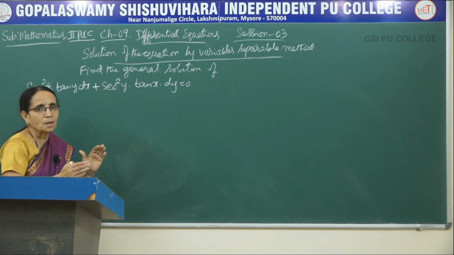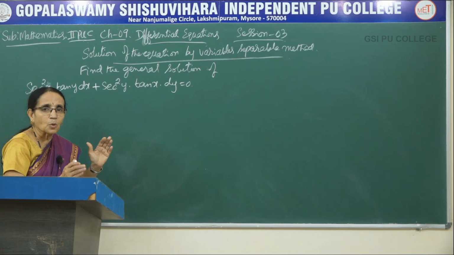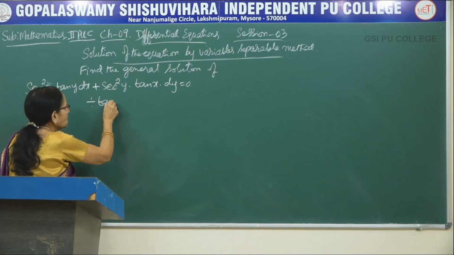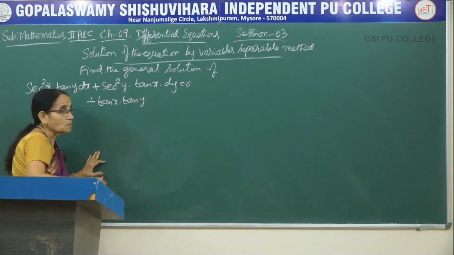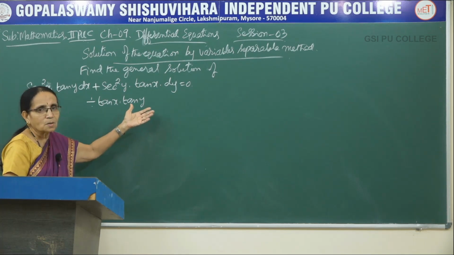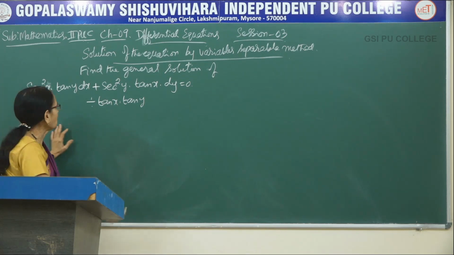So we can do that; when it is in the numerator, you know that you have to divide. You can do both the operations together. That means divide by tan x into tan y. Of course, one advantage is on the right hand side we are having 0, so by dividing, the right hand side remains the same. Divide by tan x into tan y.